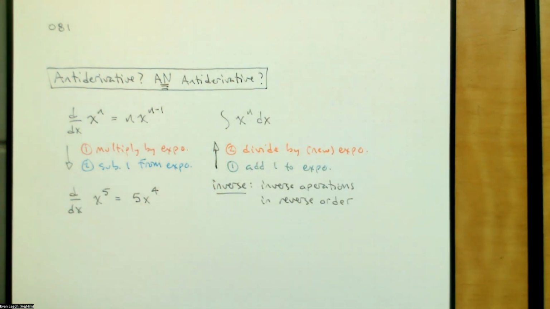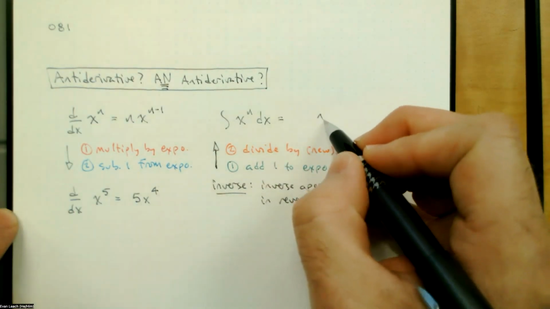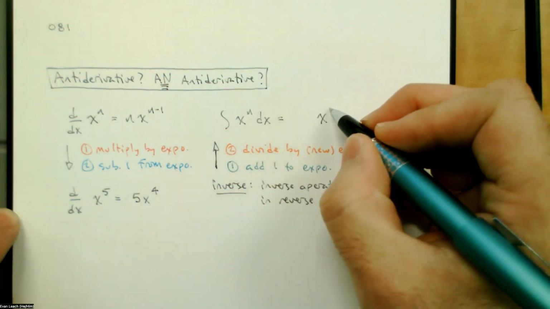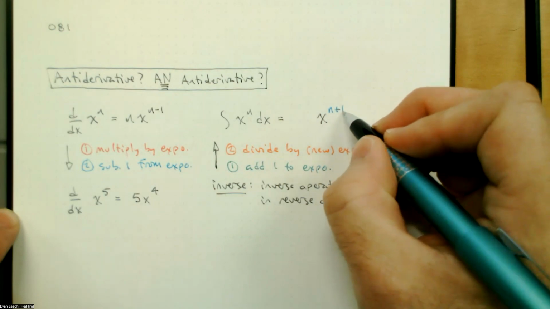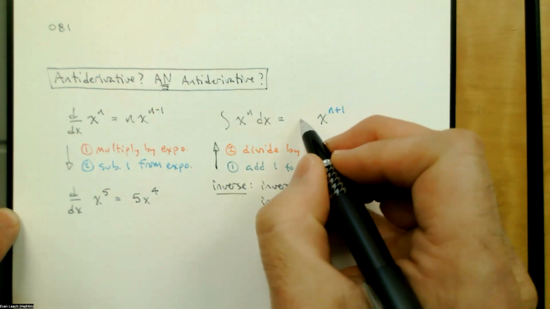If I don't have an interval from a to b, this is an indefinite integral, and it is a way that I can ask for an antiderivative of the function. So first, I'm going to add 1 to the exponent. Starts off at n, so the exponent is going to be n plus 1 when I add to it. And then I'm going to divide by the new exponent.